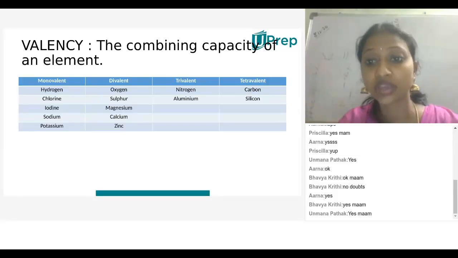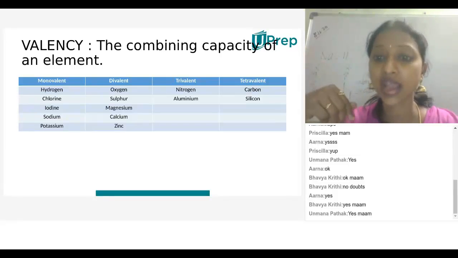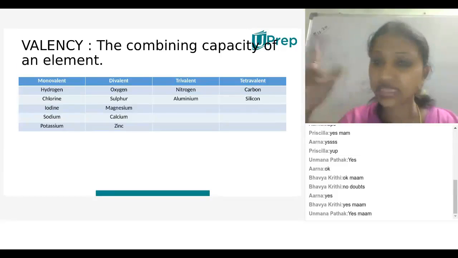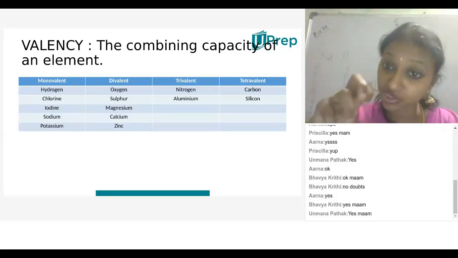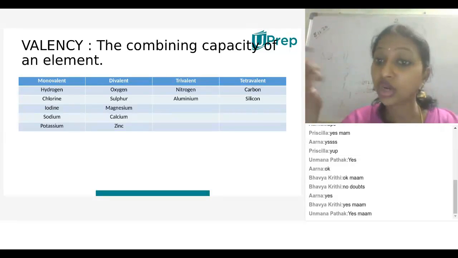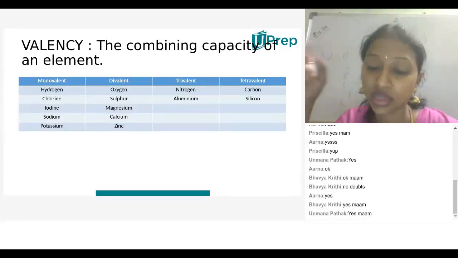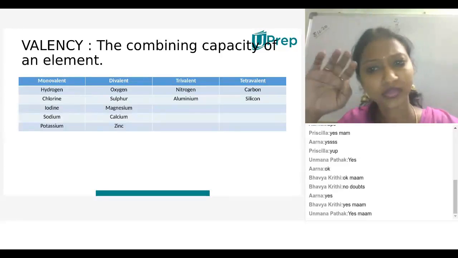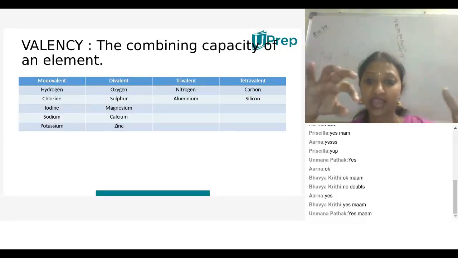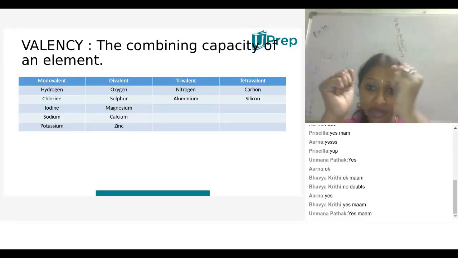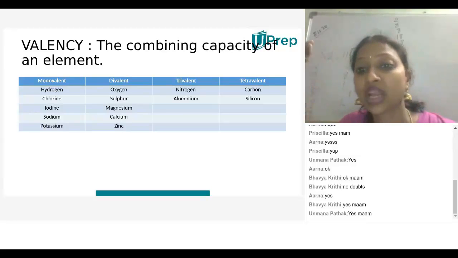If you want to give food to her and she is not accepting, what will you feel? Next time you won't share, because she is not willing to take. In the same way, when she gives, you are able to take. Then only she will feel you are her best friend. So by giving and taking, there is a formation of bond and the element itself becomes stable.